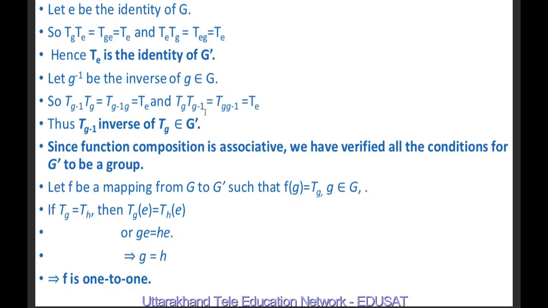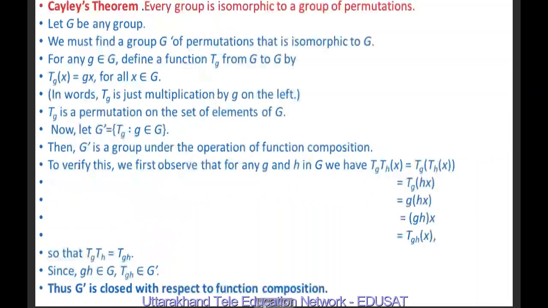Also similarly Tg into Tg inverse is equal to Te. Hence the inverse of Tg belongs to G'. Function composition is associative. We have verified all the conditions for G' to be a group. So G', which we had defined as {Tg such that g belongs to G}, where Tg(x) equal to gx, is a group under the operation of function composition.